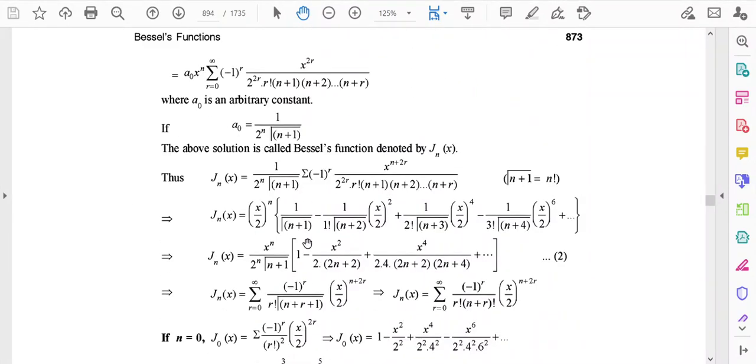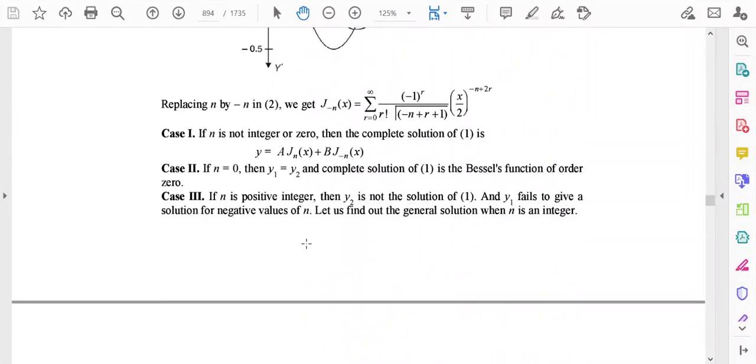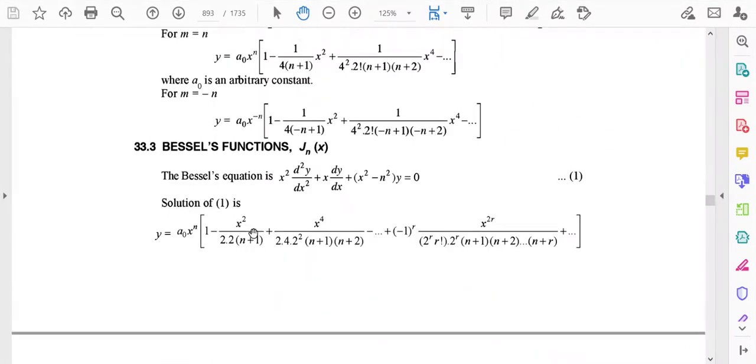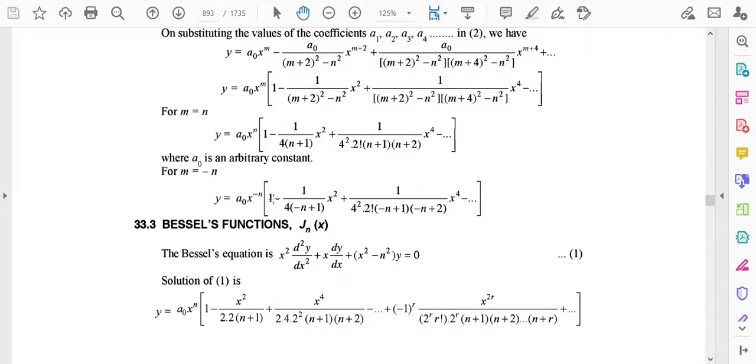So in this way, this solution will be invalid. And the opposite case also will occur, that is, y1 fails to give a solution for negative values of n. By a similar argument, suppose n is equal to minus 2 here, so what will happen? The denominator is 0, that means again this term is becoming infinity.